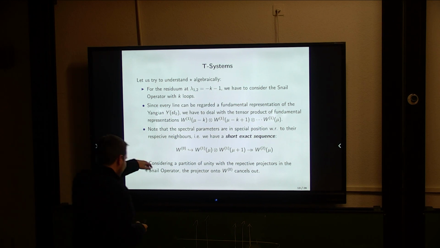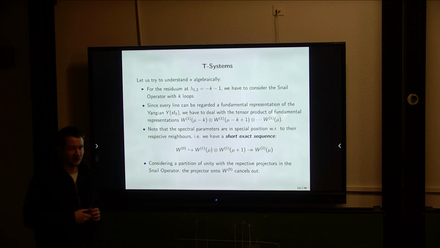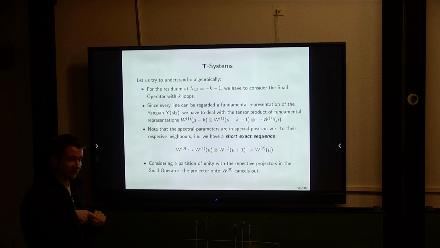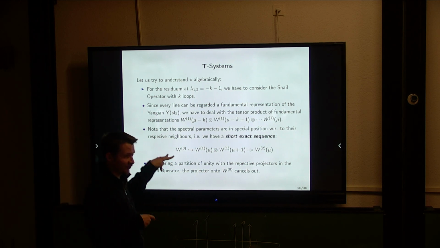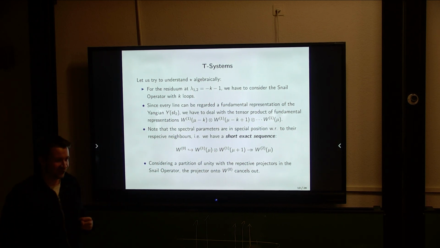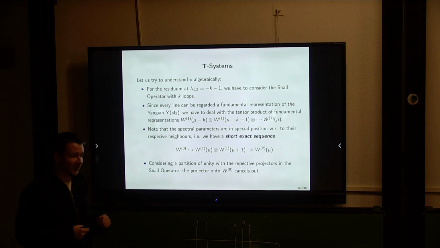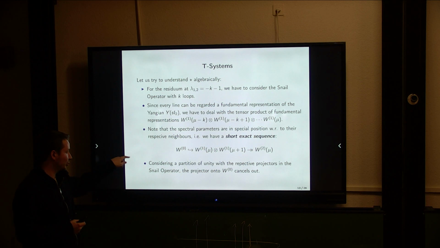So let's for example take this case where we just have two loops. Then we have two fundamental representations, and that's why I wrote these two loops. Then we have this short exact sequence, and we can consider the projectors onto the subcomponents.